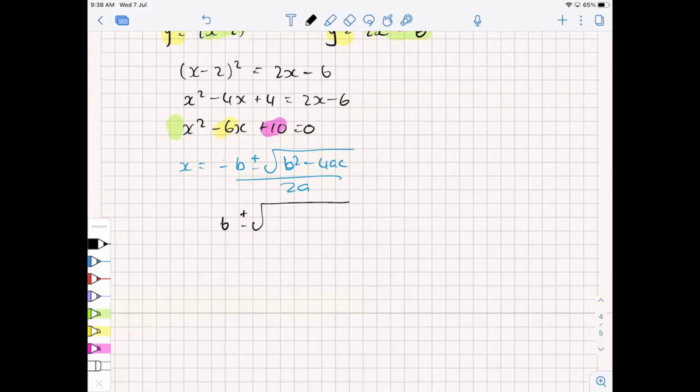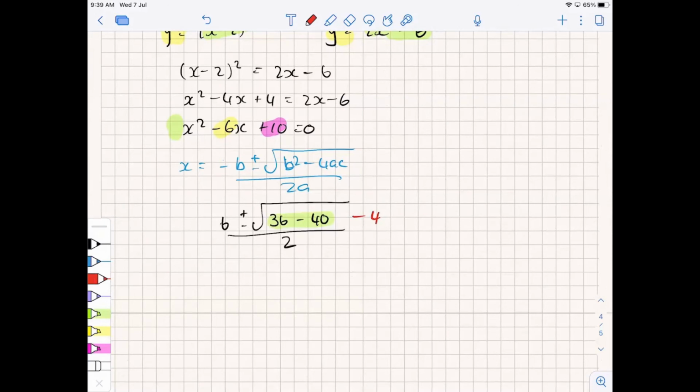We're going to get b squared is minus 6 squared, which is 36, minus 4 times 10 times 1, which is just minus 40, all over 2. And you can clearly see that in the discriminant here, we're going to end up with minus 4. Okay, so we're going to have no solutions, right?